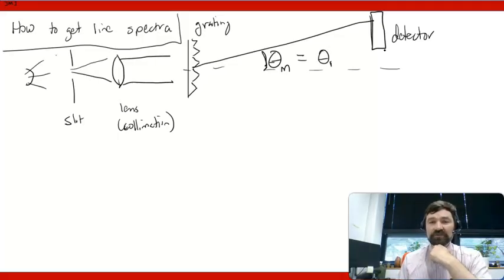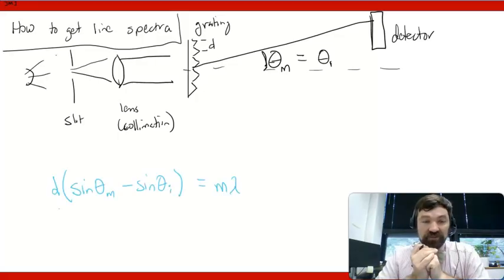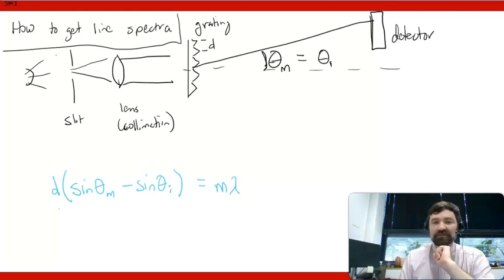You can also, for what it's worth, do this with a prism if you have a really broad spectrum, but usually we just use a grating for this kind. And then you make use of your grating equation, which shows d (sine theta m minus sine theta i) is m times lambda. And so basically you know the value of sine theta m, that's theta 1.